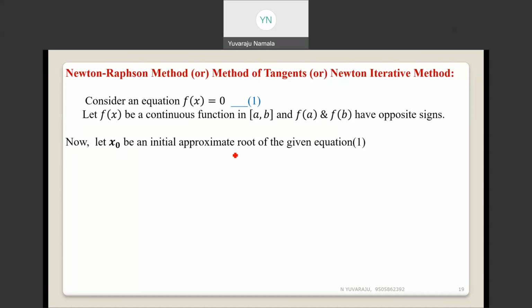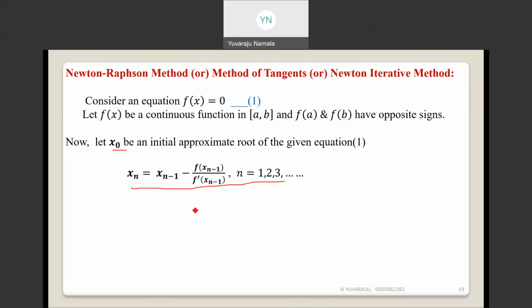Then the Newton-Raphson method formula is given by xn is equal to xn minus 1 minus f of xn minus 1 by f dash of xn minus 1, where n is equal to 1, 2, 3 and so on. For n is equal to 1, substitute the initial value to get the first approximation.